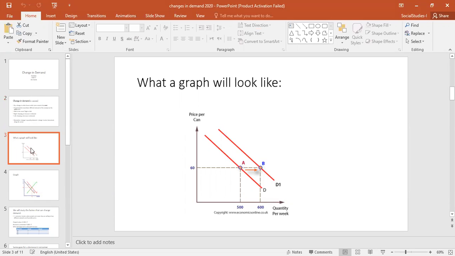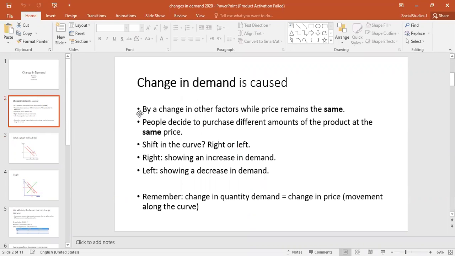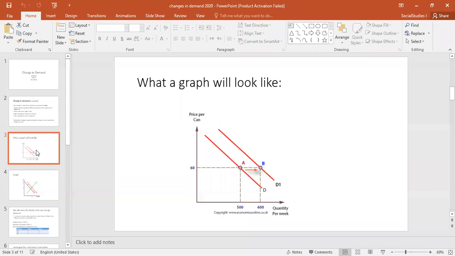And remember when we discussed changes in price, the change in price is shown on the graph as a movement along the curve. We only have one curve and we're moving from point A to B to C to D, and we see the downward slope. However, when we're discussing a change in quantity demanded due to factors other than price, or when price remains the same, we see a shift in the graph, either outward or inward.